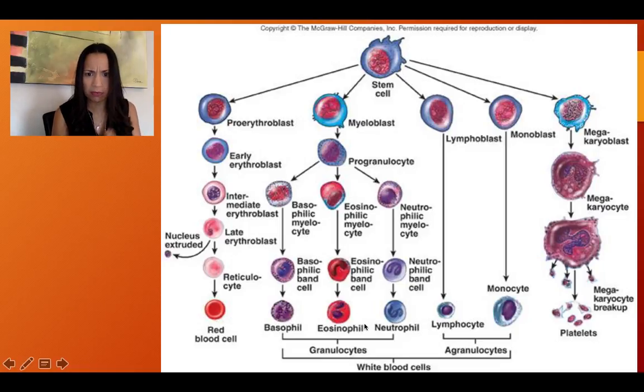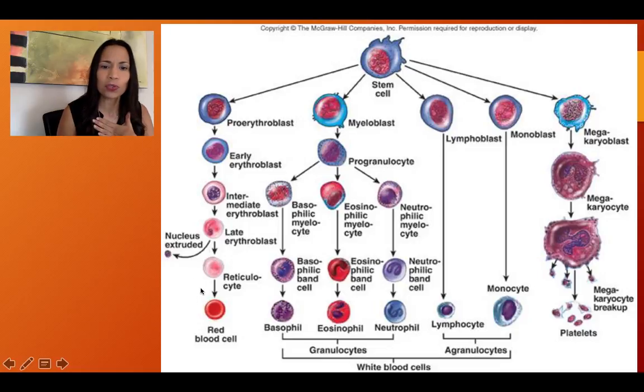Now, in the latest stages, these immature forms, before they reach the mature red blood cells, the mature basophil, eosinophil, we have immature cells before that. At that stage, usually between 1-2% of our blood cells are immature cells. They are released into circulation as immature cells. For example, red blood cells are released as reticulocytes.